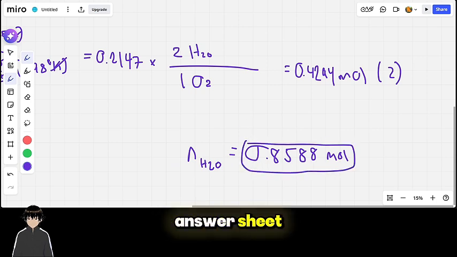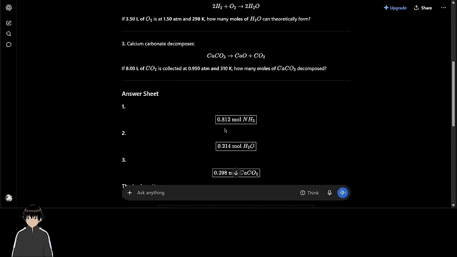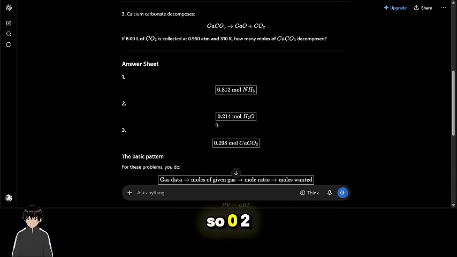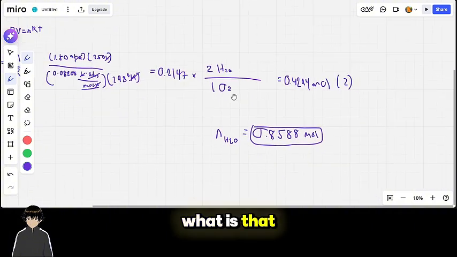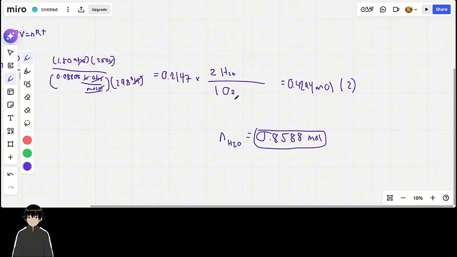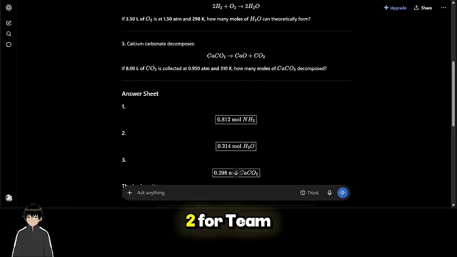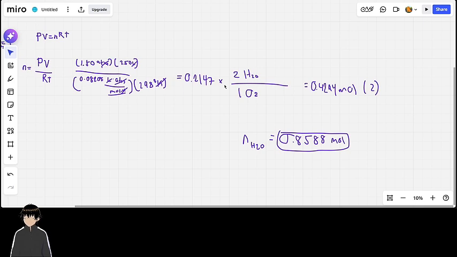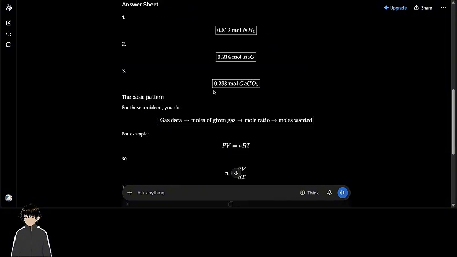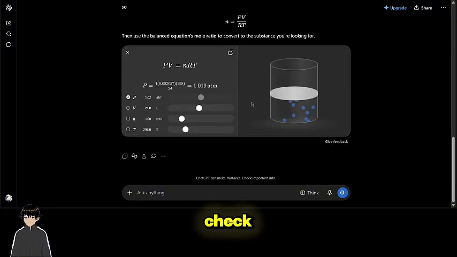Let's check the answer sheet. It says here 0.214 moles. Why is that? Let me just check.